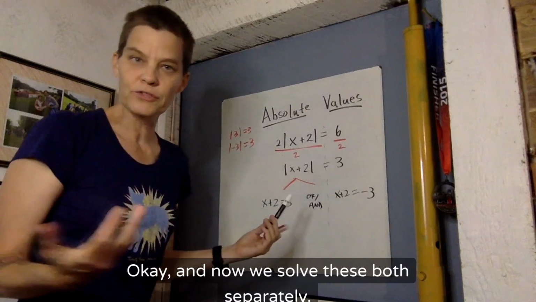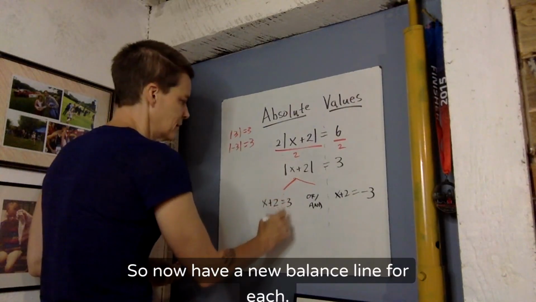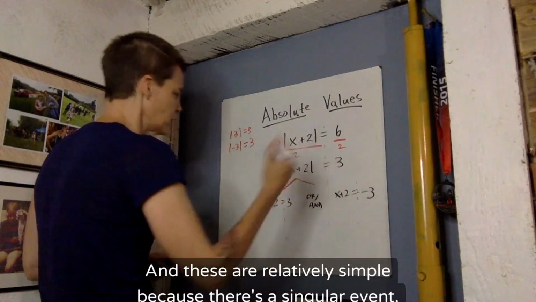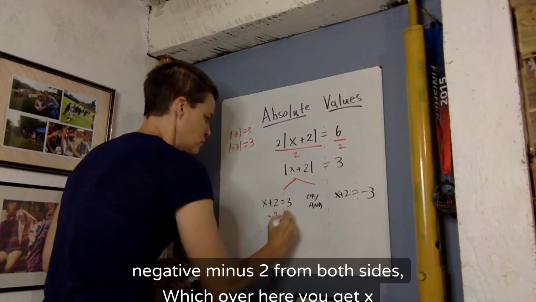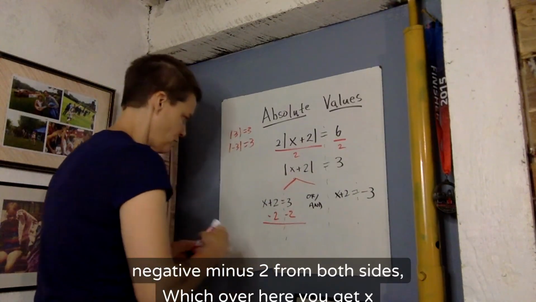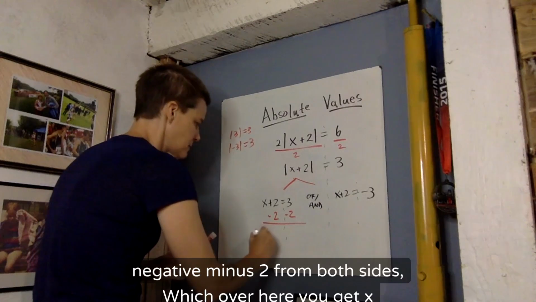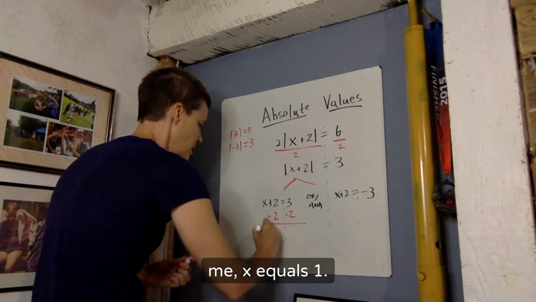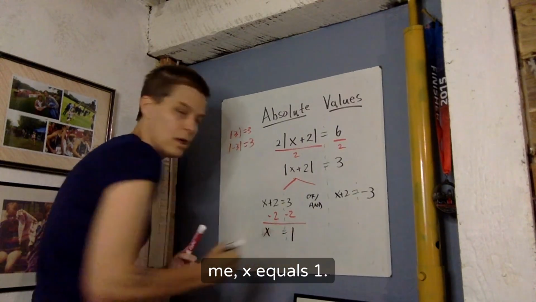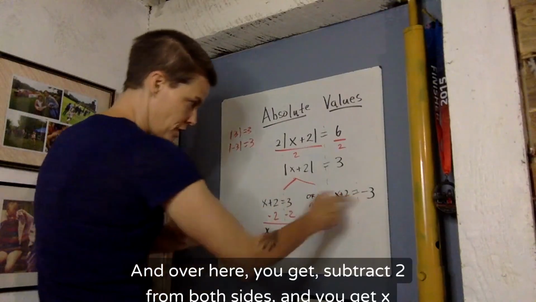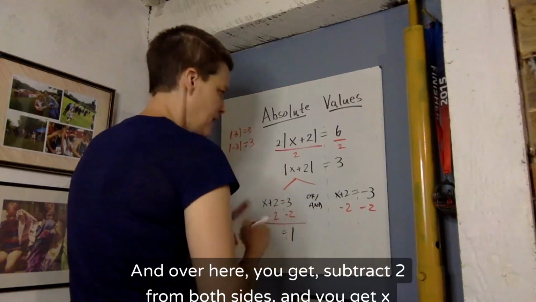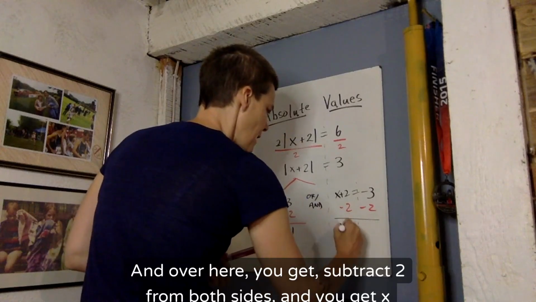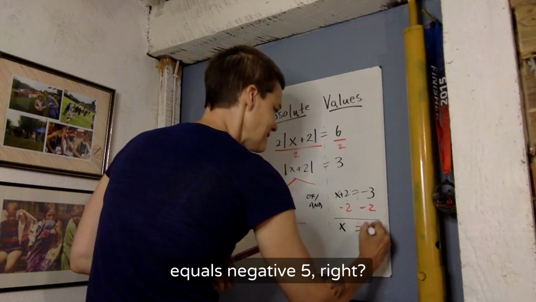And now we solve these both separately. So now you have a new balance line for each. And these are relatively simple because there's a singular event: subtract 2 from both sides, right? Over here, you get x equals 1. And over here, you subtract 2 from both sides and you get x equals negative 5, right?